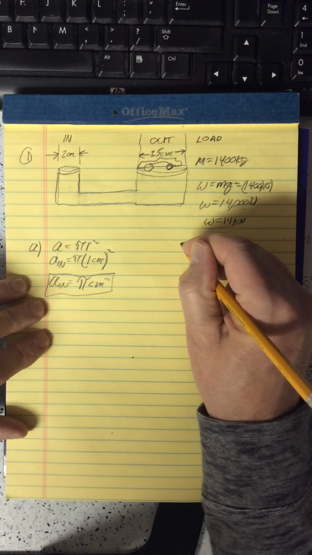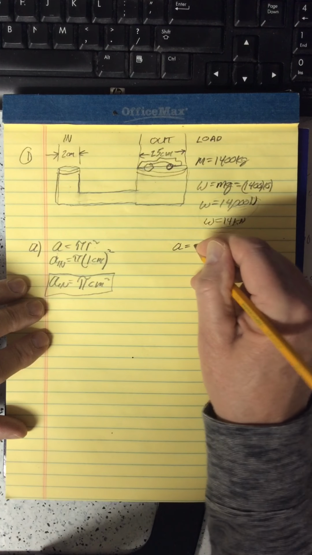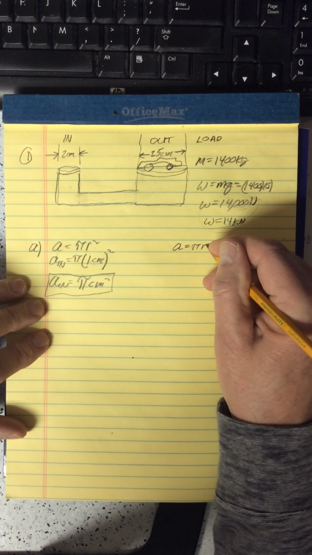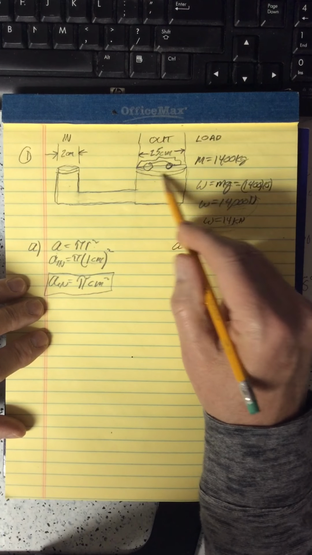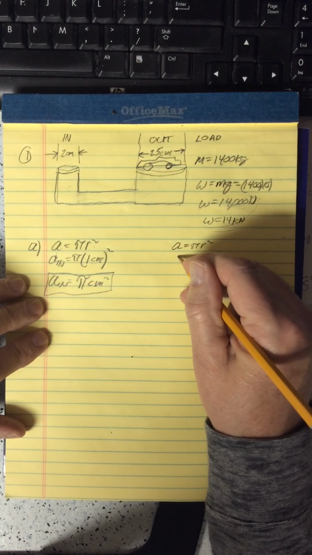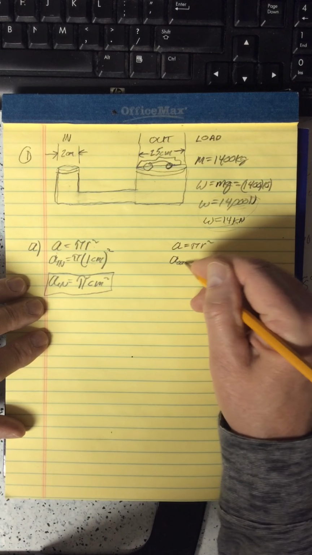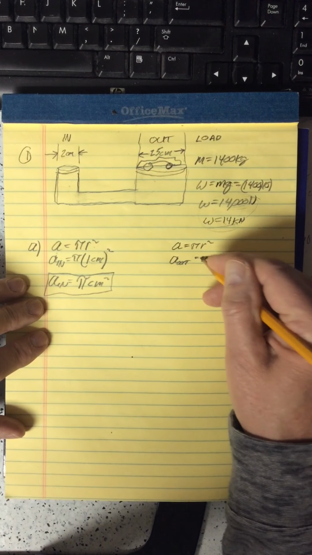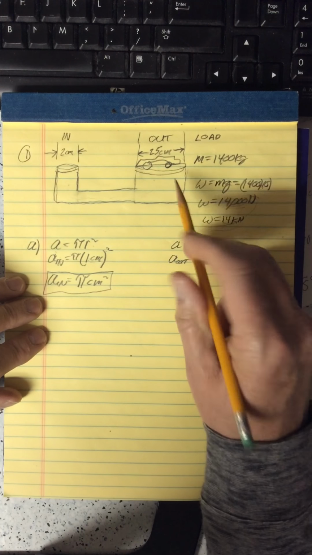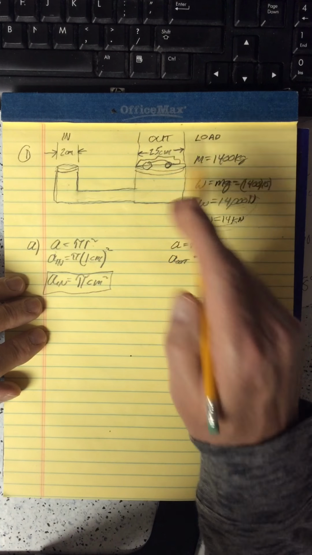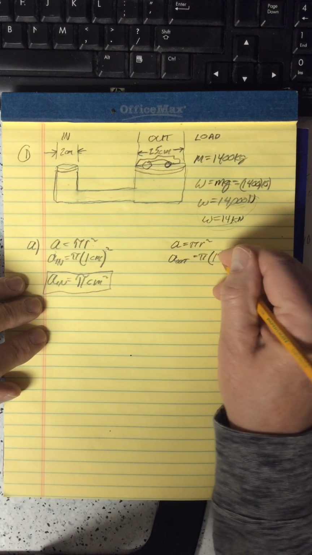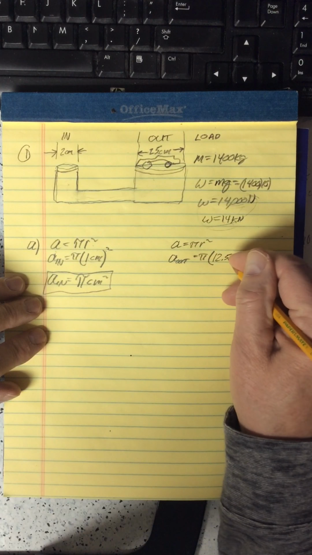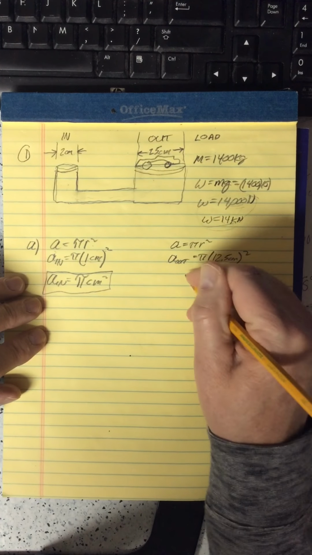Now we have out. Well, again, area is still pi r squared, because this is still a circular top. So the area out, or load, is equal to pi times r squared. Well, d is 25, so r is 12.5 centimeters, and that's squared.